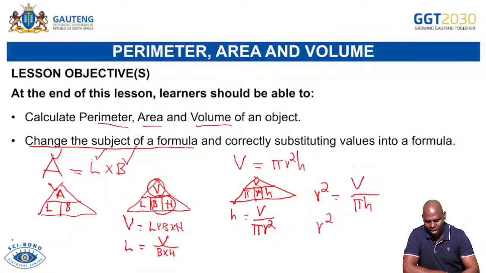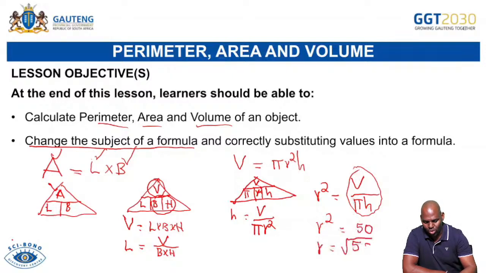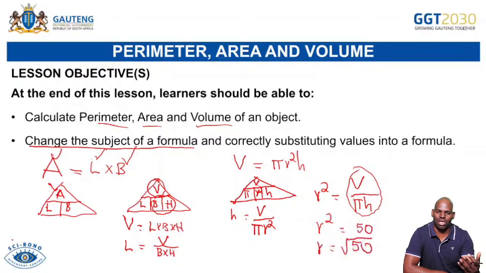Let's say after simplifying, and substituting the value of V, the value of the height, and 3.142, you get r squared equals 50. How do you find the value of r? Then r equals the square root of 50. I was just taking you on board in terms of changing the subject of the formula.